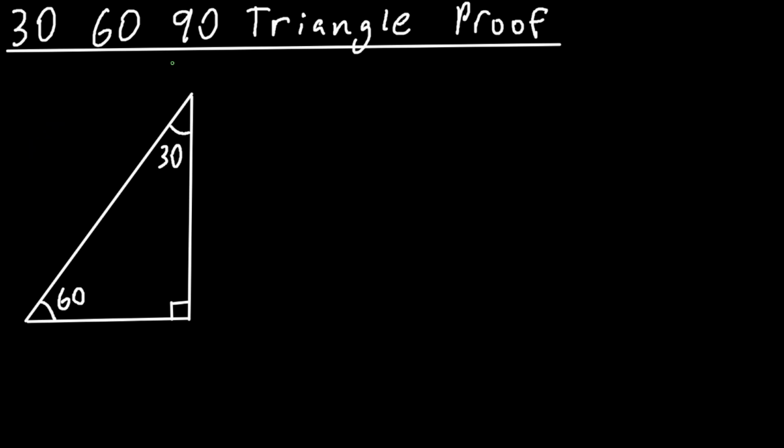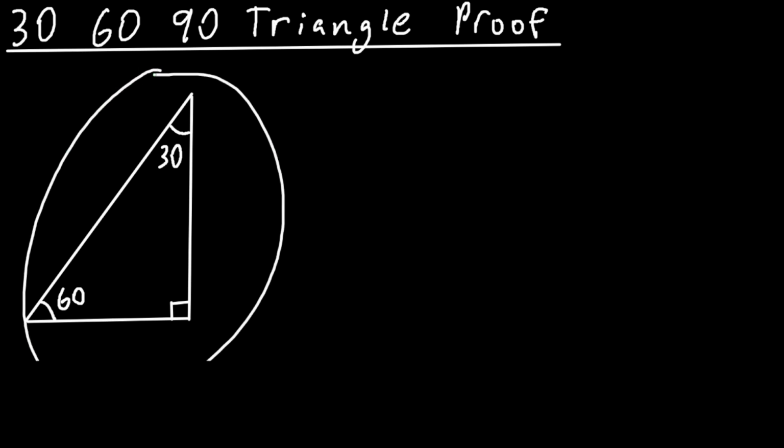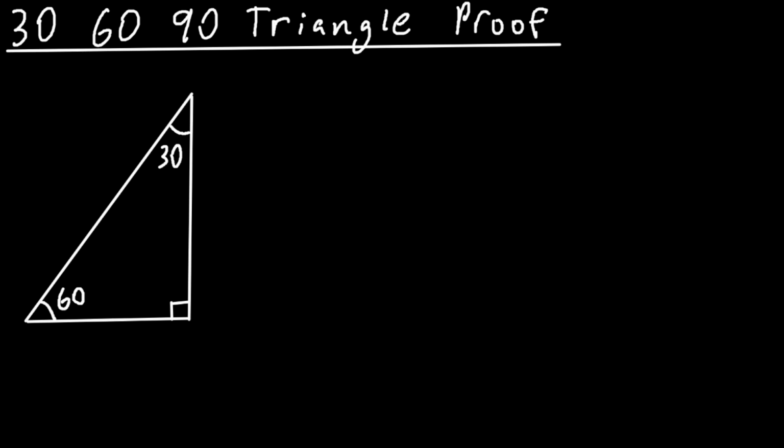Right off the bat, the first thing I'm going to do is copy this triangle so it's the exact same triangle, and then set them right next to each other like this. I've essentially put their sides next to each other.